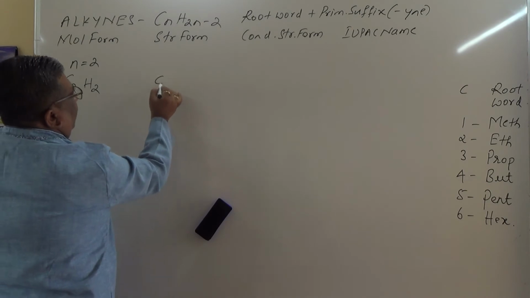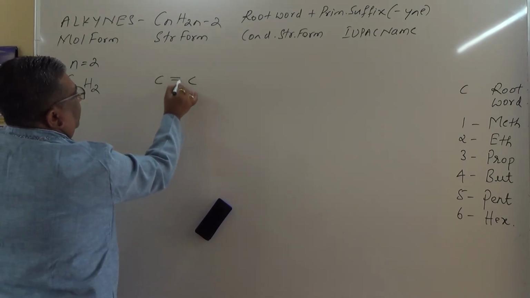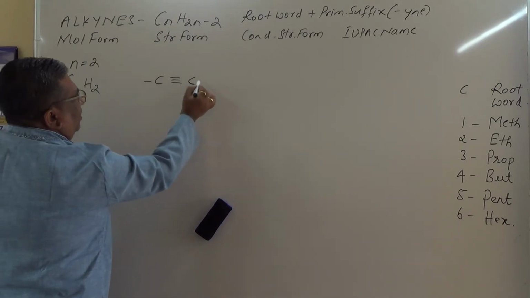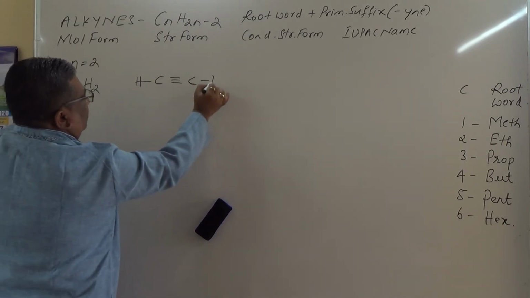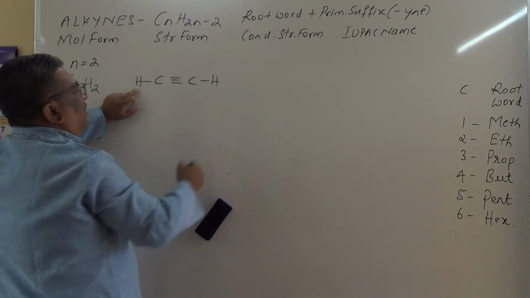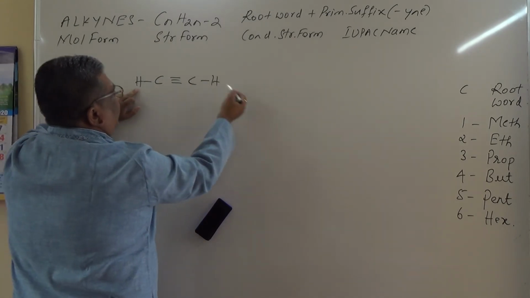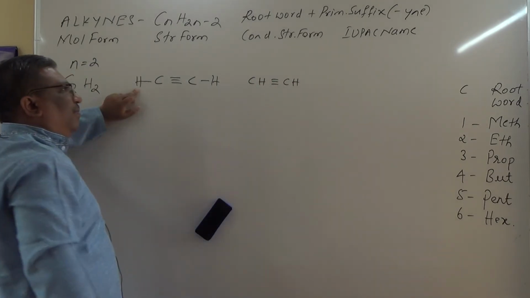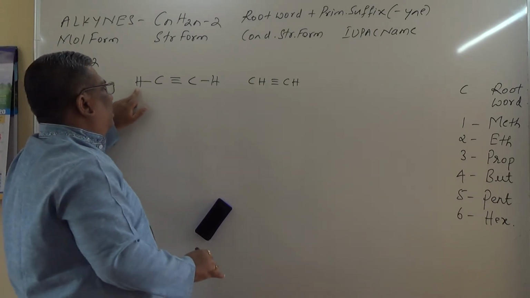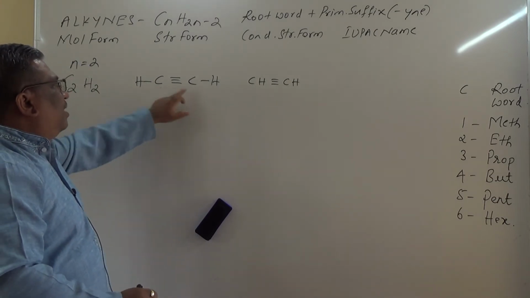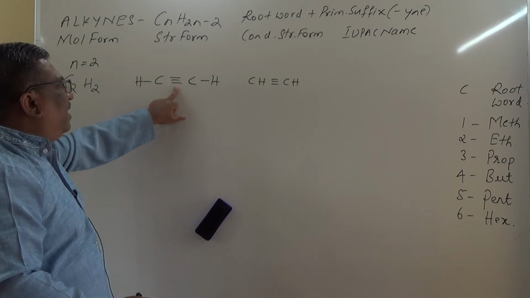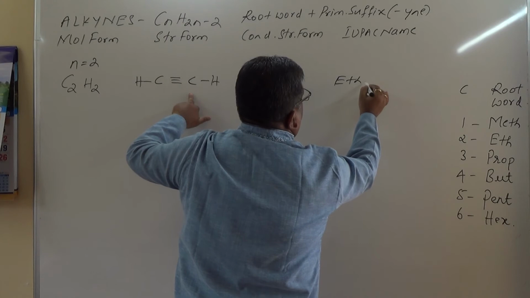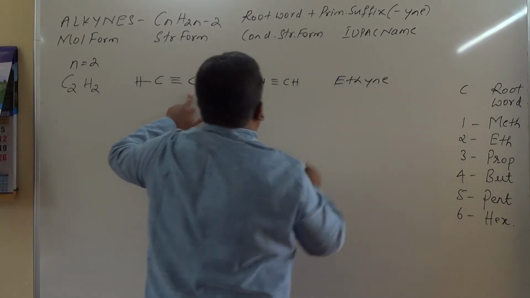Write the structural formula now. First, introduce 2 carbon atoms. Introduce a triple bond. Count the valencies 1, 2, 3, 4, 1, 2, 3, 4. Put hydrogen, hydrogen. Condensed formula CH triple bond CH. Now write down the IUPAC name: longest chain, 2 carbon atoms, eth, triple bond, yne, ethyne.